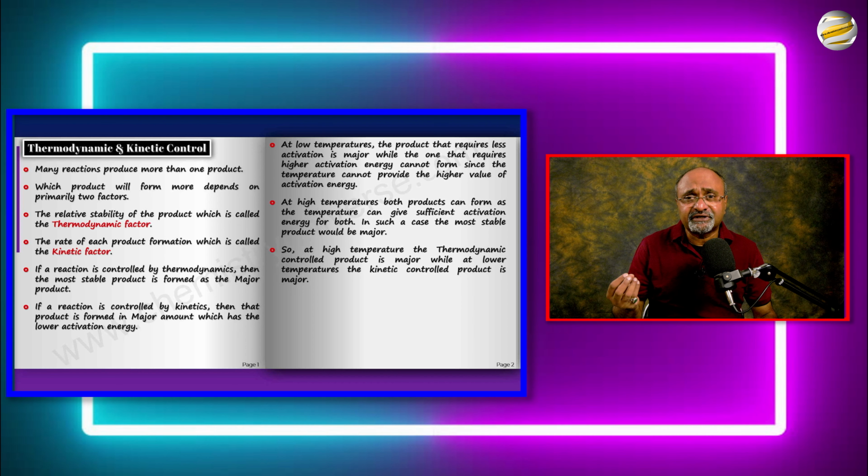While at higher temperatures, both can form, because now even the one with a higher activation energy can form. And when it comes to knowing which is major at high temperatures, depending on the nature of the reaction, which I will talk about in detail now, generally the thermodynamically controlled product is formed in major amount in the case of higher temperatures.